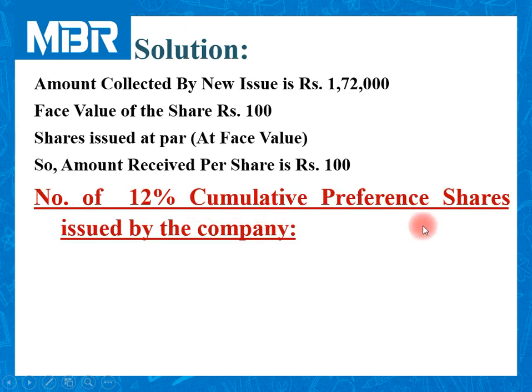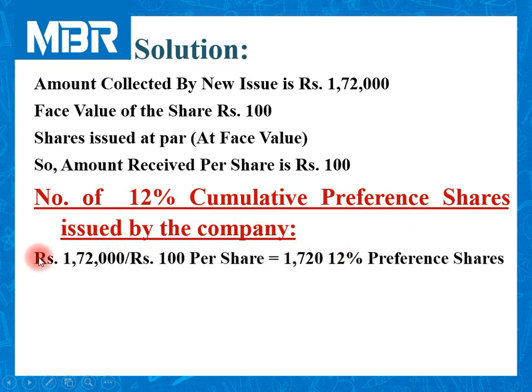Number of 12% cumulative preference shares issued by the company: total amount required 1,72,000, and amount received per share is rupees 100. So 1,72,000 is given over here and the amount received per share is given over here. 1,72,000 divided by 100 is equal to 1,720 preference shares issued by the company.